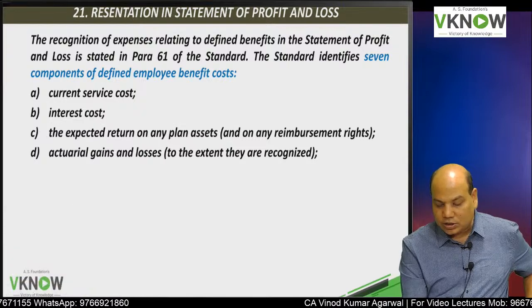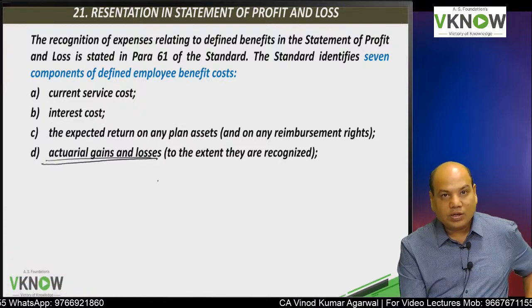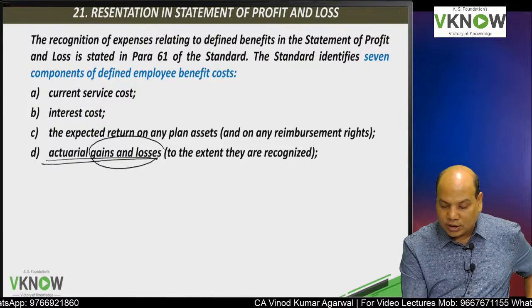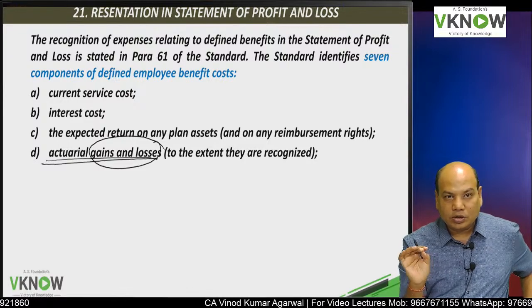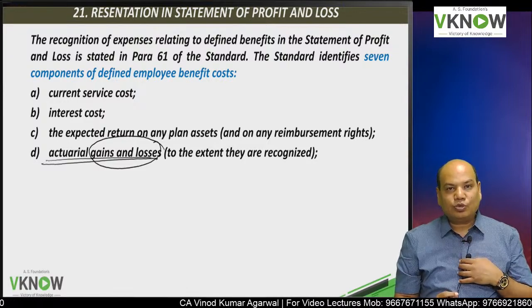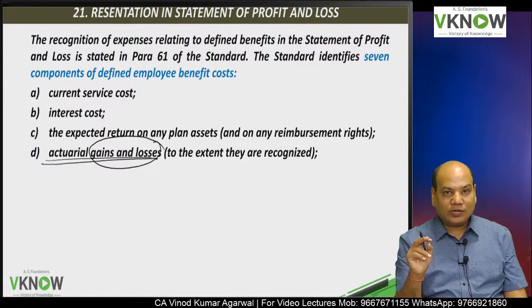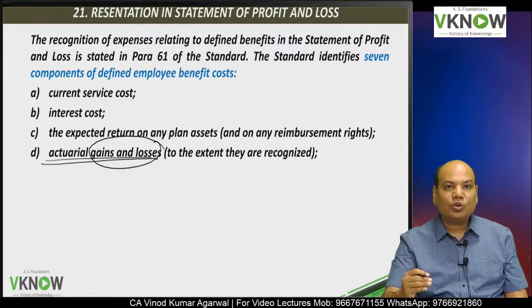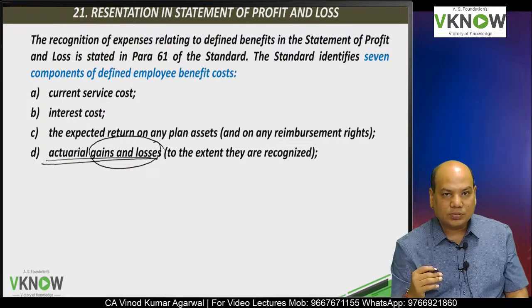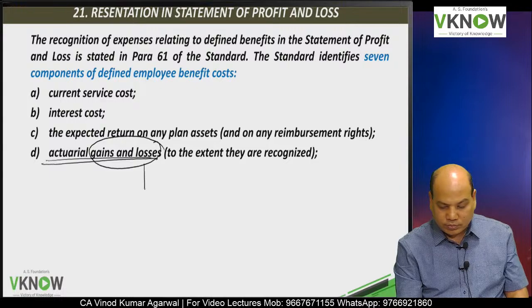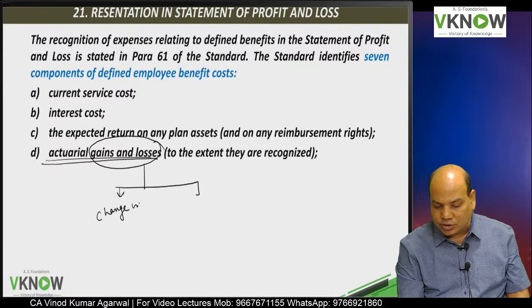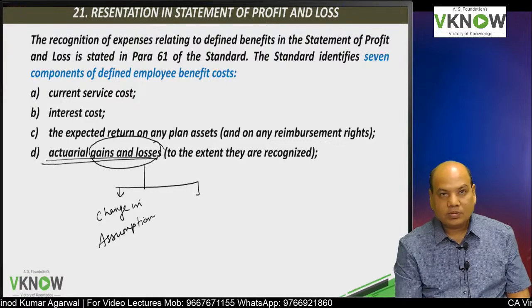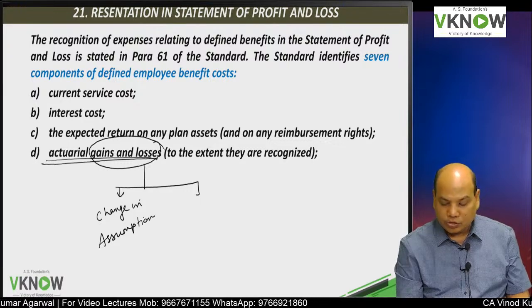Next is actuarial gains and losses. Actuarial gains and losses means gain and loss arising due to change in actuarial assumption, or gain or loss arising due to difference between actual outcome and expected outcome. So for 2 reasons there can be gain or loss. One is due to change in assumption. If the assumption changes, the liability will change, that is actuarial gain or loss.